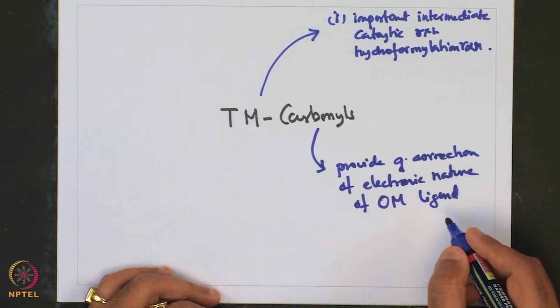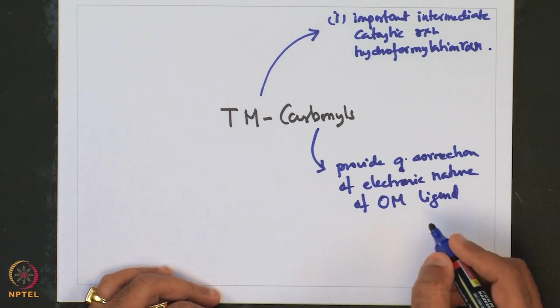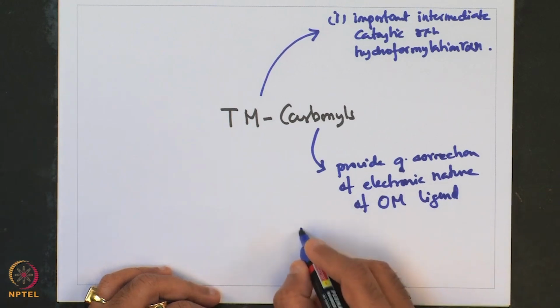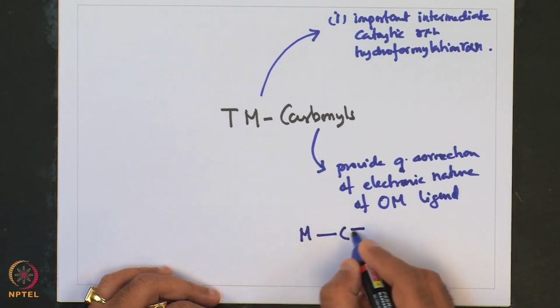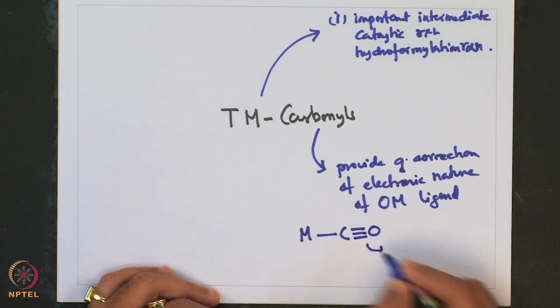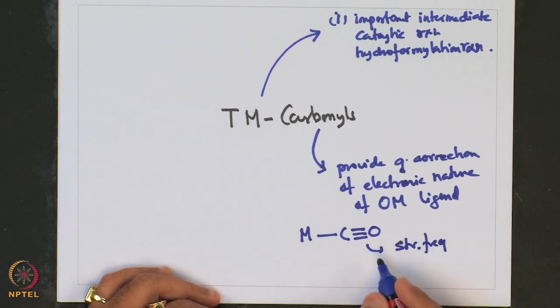the different electron donating ability of different coligands that appear with the carbonyl in the organometallic complex, and that arises because of this M-CO bond, where one measures the stretching frequency of these CO ligands.